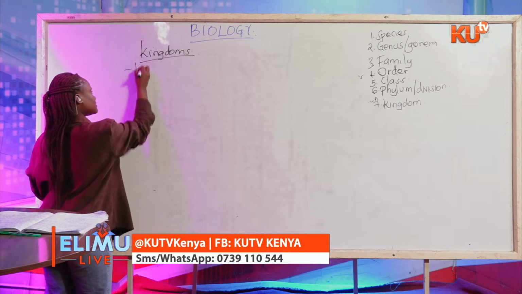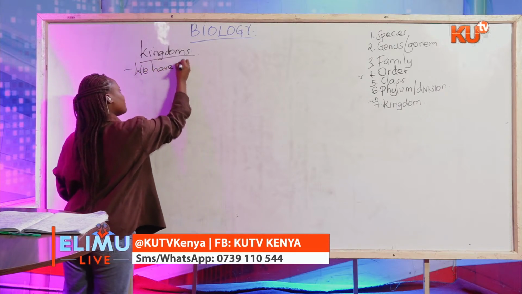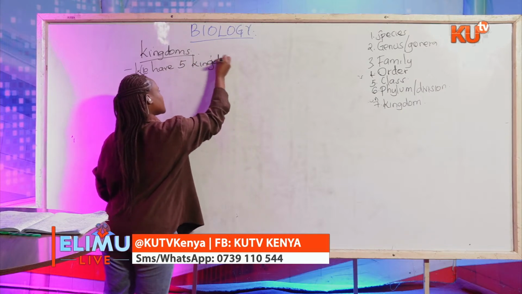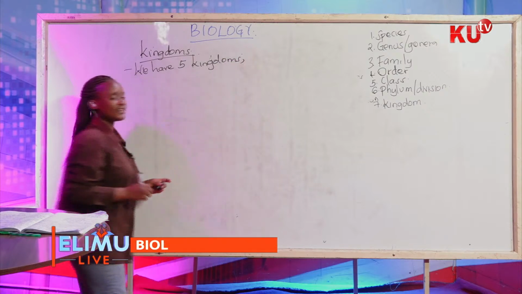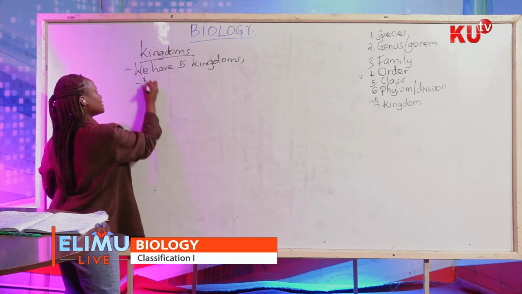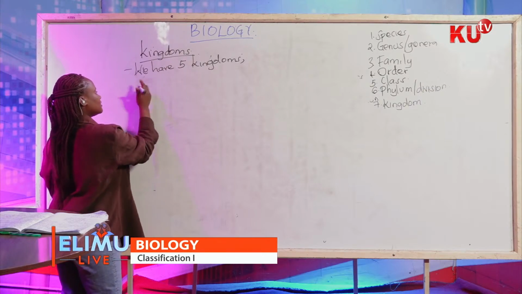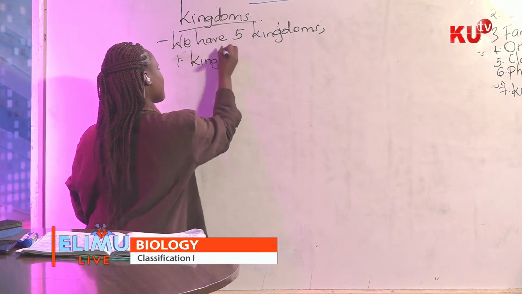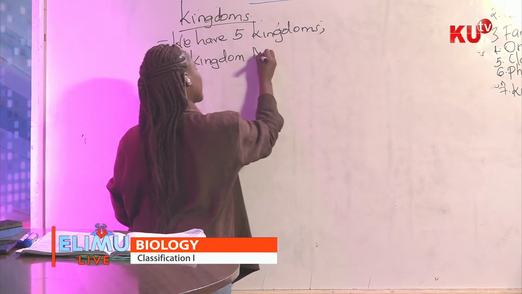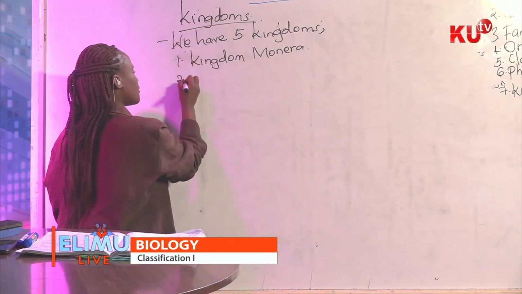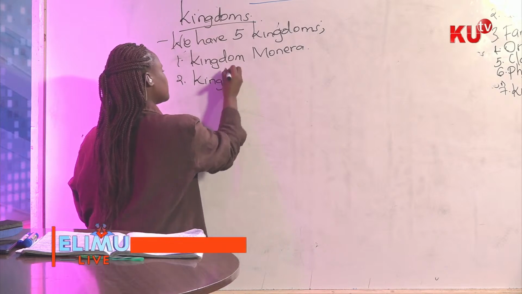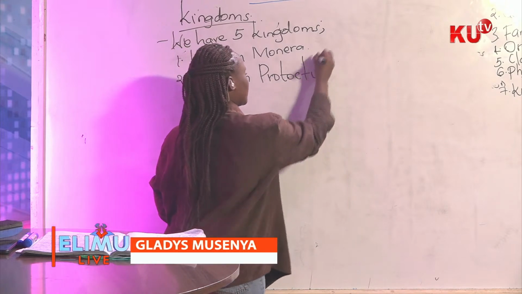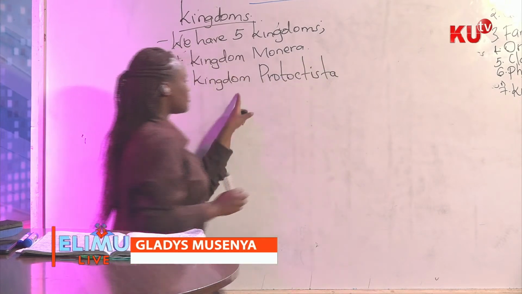We have 5 kingdoms. They include Kingdom Monera, our first one. Our second one, we have Kingdom Protoctista.